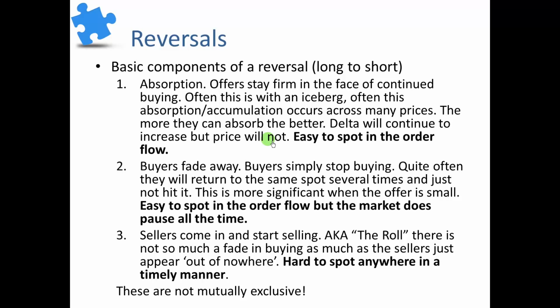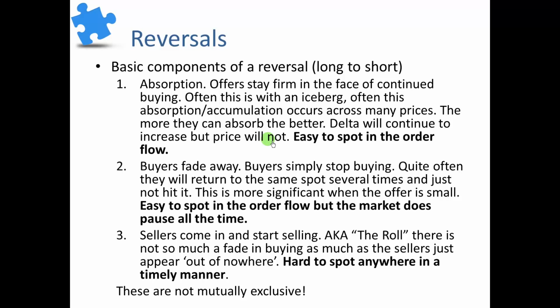Okay, now some of these elements are going to be easier to spot in the order flow than others. So let's just consider these three elements one by one. Now, for the sake of simplicity, I'm just going to talk about a long to short reversal and presume you can flip this around yourself from short to long.